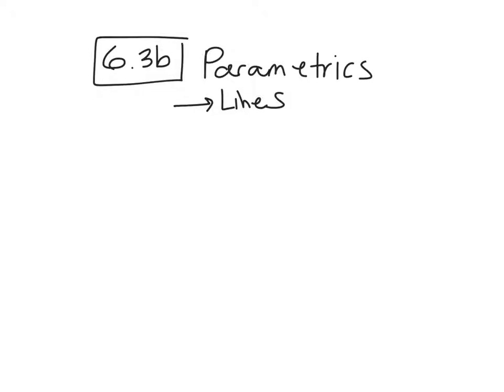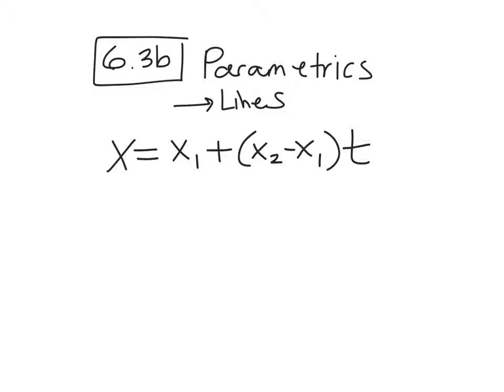So here's what it's going to look like. For x, it's not bad. It's actually pretty easy. X and y are going to be kind of separate things. So you're going to start with x1 plus, and you're going to give x kind of its own slope, which is x2 minus x1 times t.